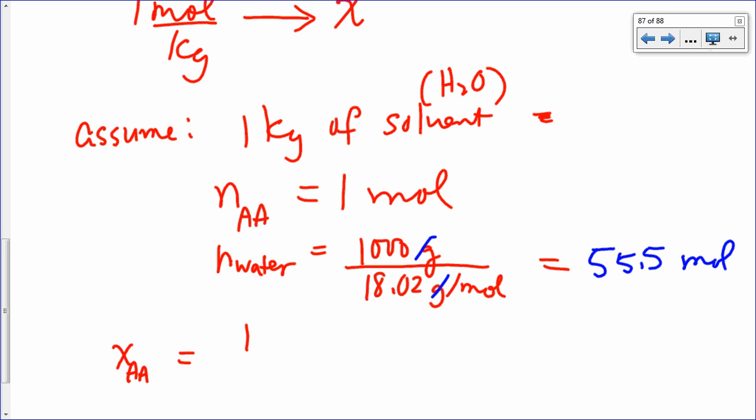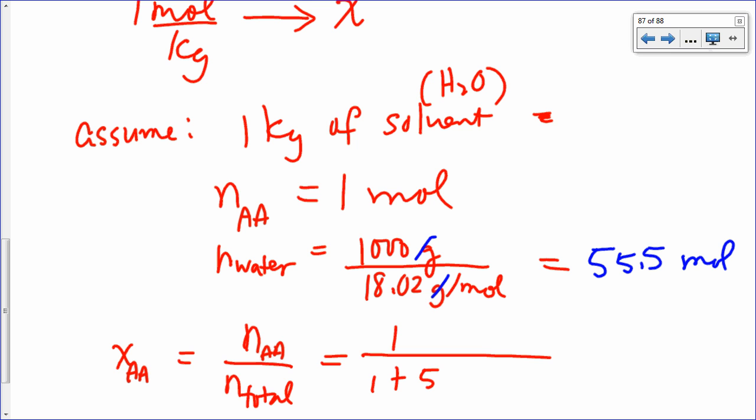Moles of acetic acid over moles total, right? Moles of acetic acid is 1. Total moles is 1 plus 55.5. We're just assuming that number 1 there is exact.